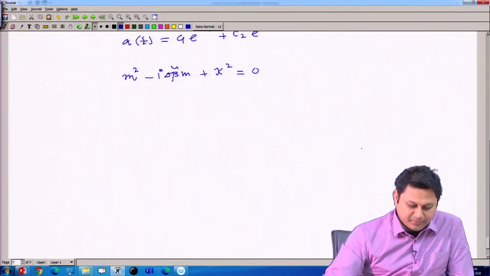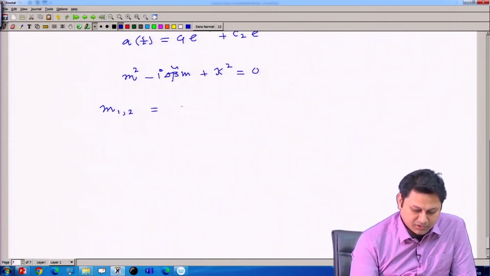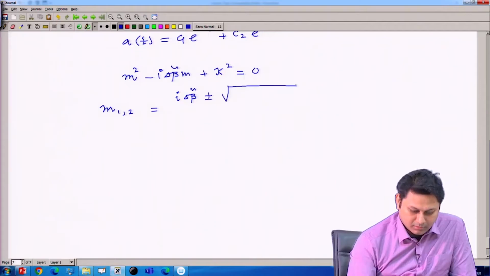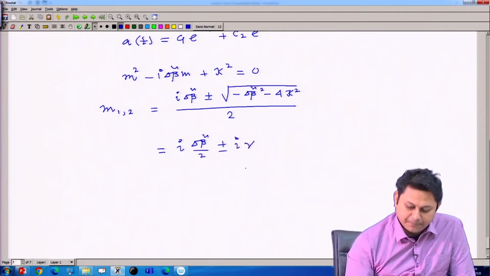So I can have my m1,2 as minus b. The solution of this quadratic equation is this: minus of delta beta square minus 4 kappa square, straightforward calculation, divided by 2, which I can write as i delta beta divided by 2, then plus minus i times one other term, gamma, because there is a negative sign.